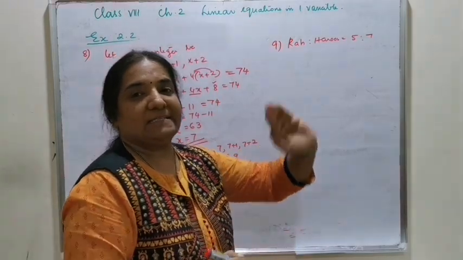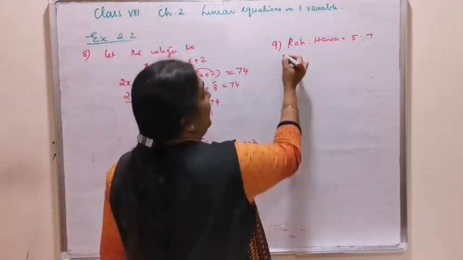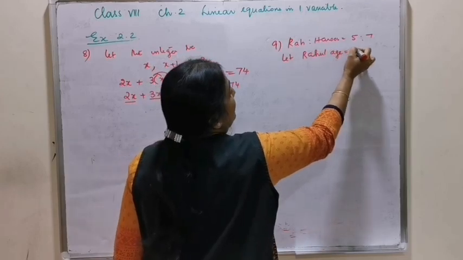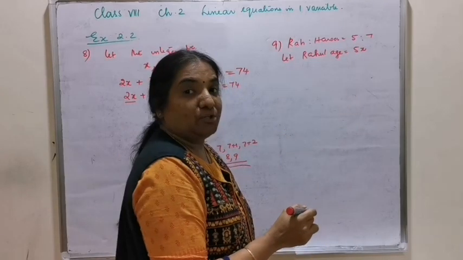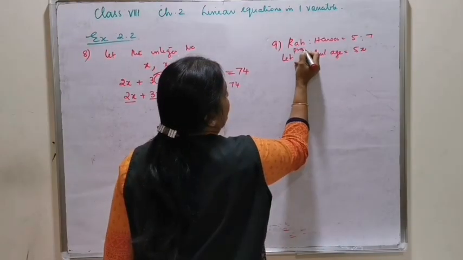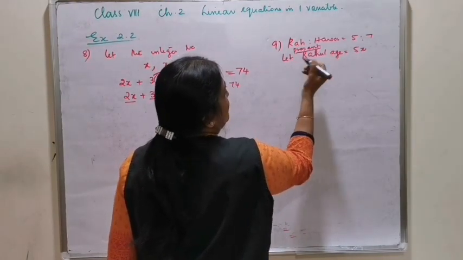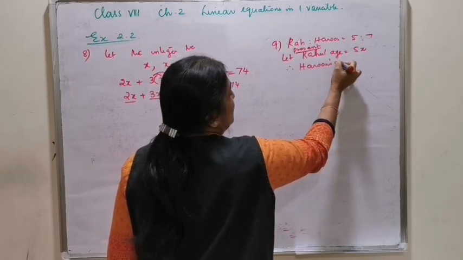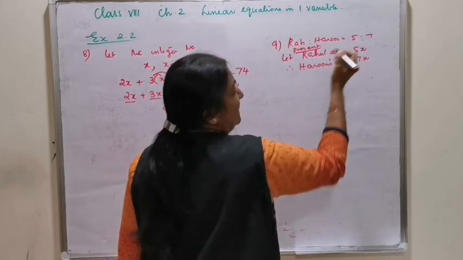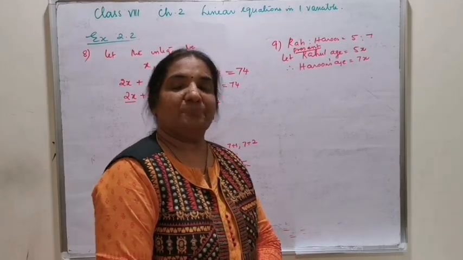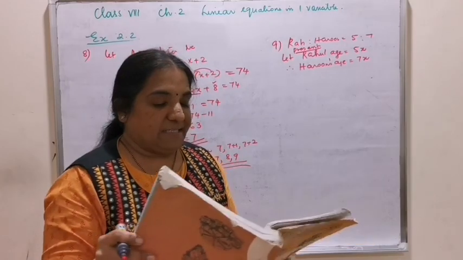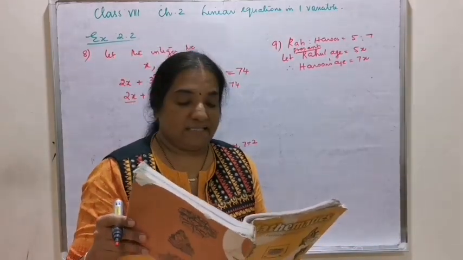You cannot interchange the order. So let Rahul's age be 5x. We are talking about the present ages. Therefore, what will be Harun's age? It will be 7x. Whenever ratio concept, you have to take it with a constant. The present ages are 5x and 7x.